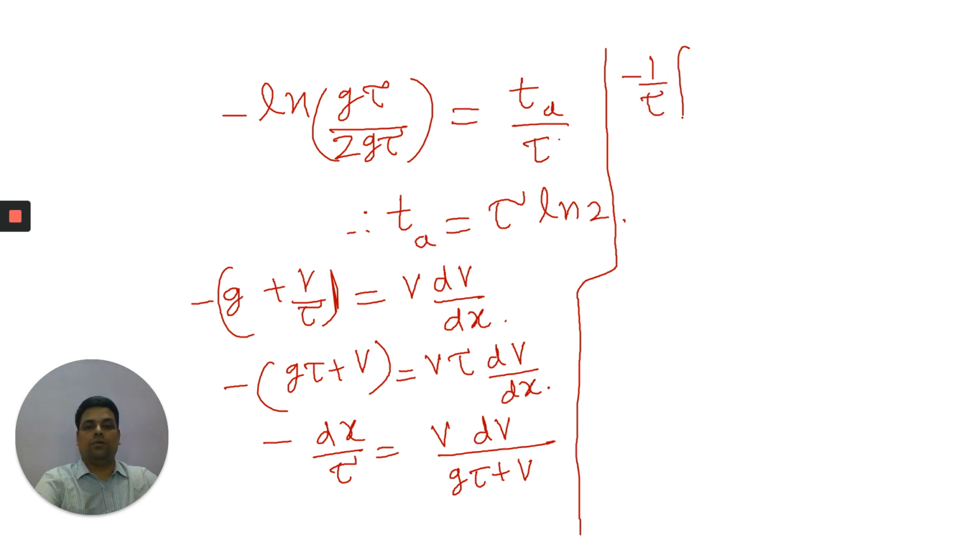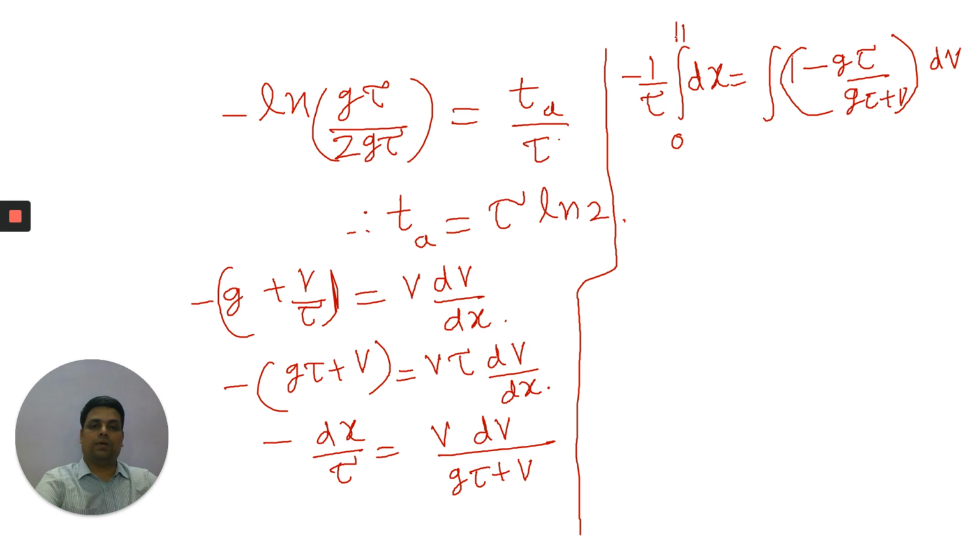Minus 1 by tau integral dx, and I can write plus g tau and minus g tau, so v by g tau plus v equals 1 minus g tau by g tau plus v, dv. I'll go with 0 to maximum height on the left side. On the right side, as I'm integrating over v, I should go with u to 0.